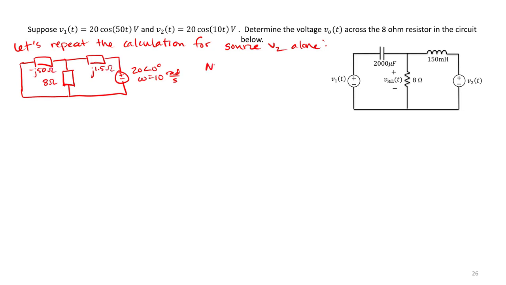So once again, notice here, we are using the impedances for omega equals 10 radians per second now, because our source V2 operates at 10 radians per second.